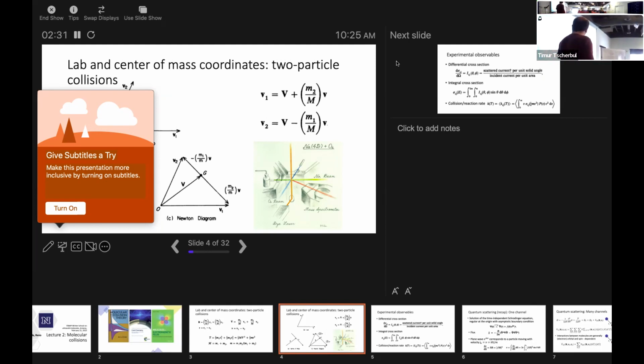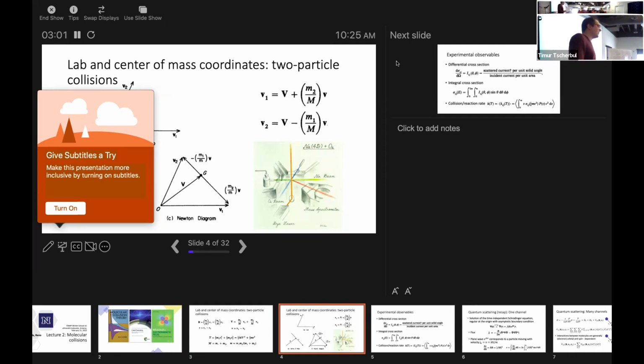So you draw this triangle, and then you draw the relative velocity, and then you find the position of the center of mass. What matters is that in the lab you measure distributions of scattered quantities, and then you transform them into the center of mass frame. Or you can do it the other way: you start from the center of mass distribution, transform it to the lab frame, and solve the inverse problem. That's actually not trivial in molecular beam experiments.